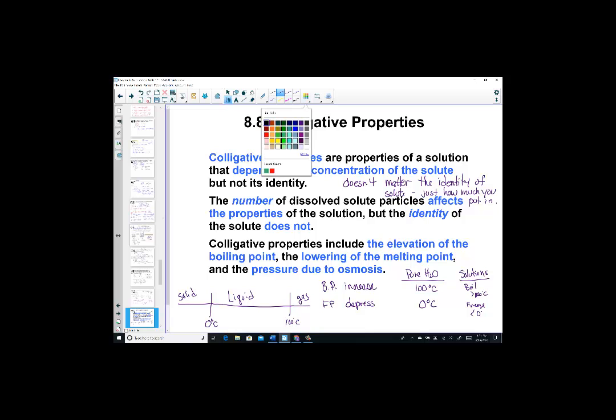What colligative properties say is if this is pure water and we had a solution of water, we actually extend the liquid phase. So if this represents a solution of water, and the first graph I wrote down was pure water.